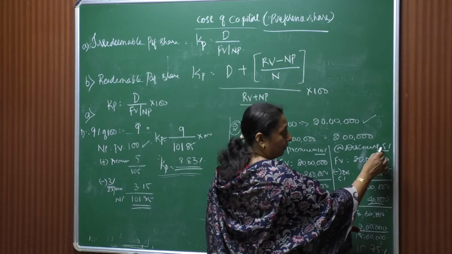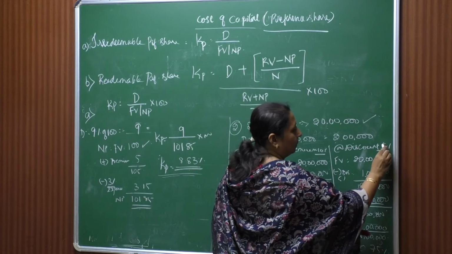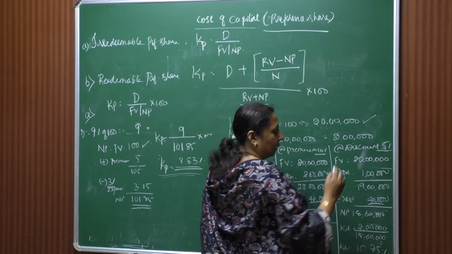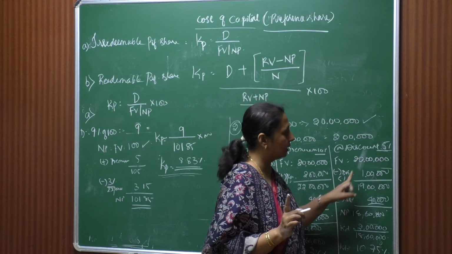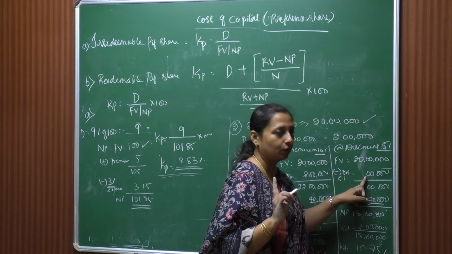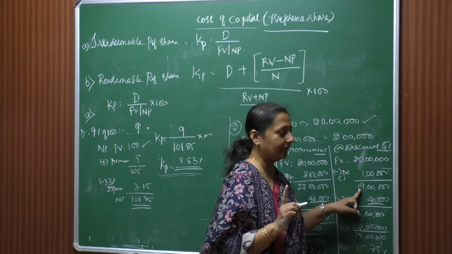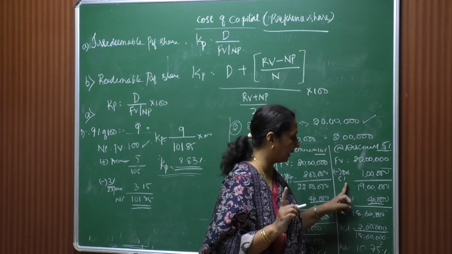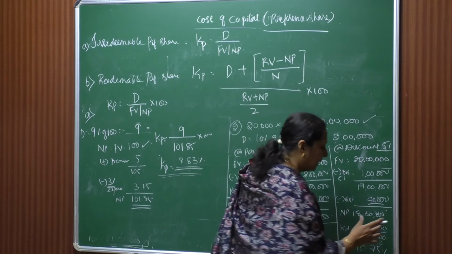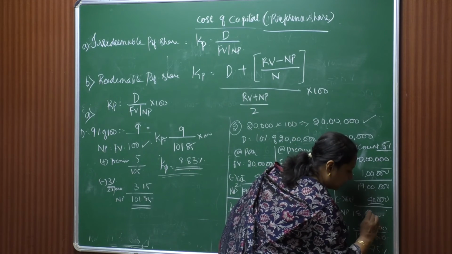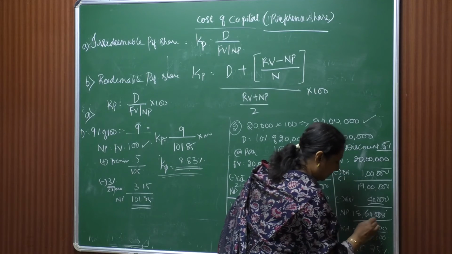Now discount at 5%. Don't blindly do it at 10%; I have mentioned it as 5%. So the face value is 20 lakh rupees, discount 5%, 5% of 20 lakh rupees will give you 1 lakh, so it will give you 19 lakh, since we are giving a discount, we are deducting it. Cost of issue again 40,000, so 18 lakh 60,000 is your net proceeds.